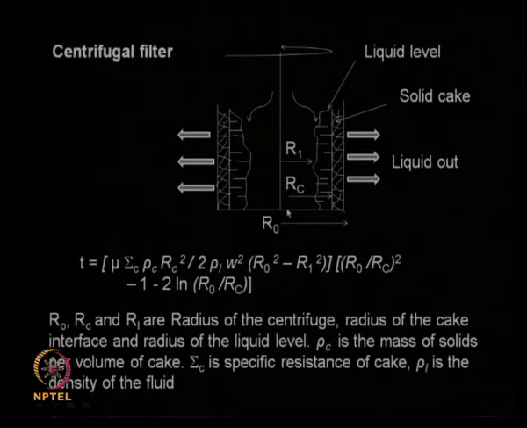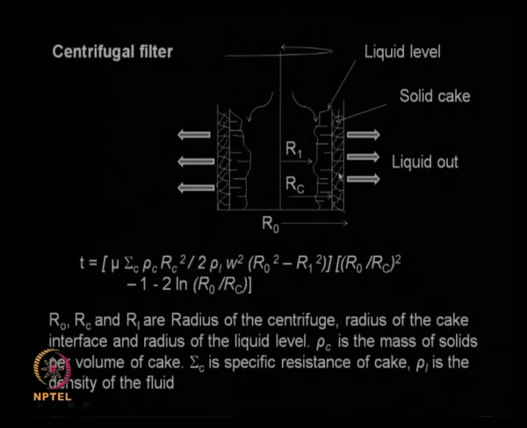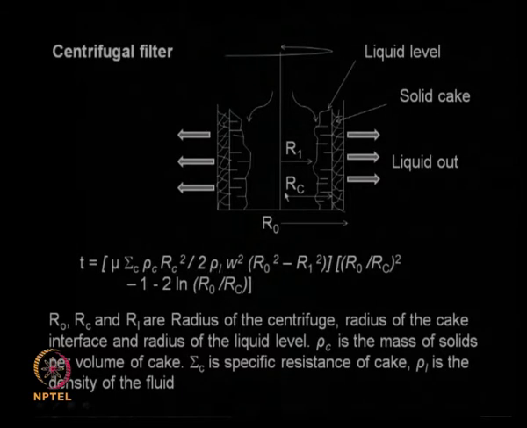R0 is the radius of the centrifuge, RC is the radius up to the top of the solid bed, R1 is the radius of the liquid level, and of course you have terms like L, which is the height or length of the centrifuge, and also the density terms.